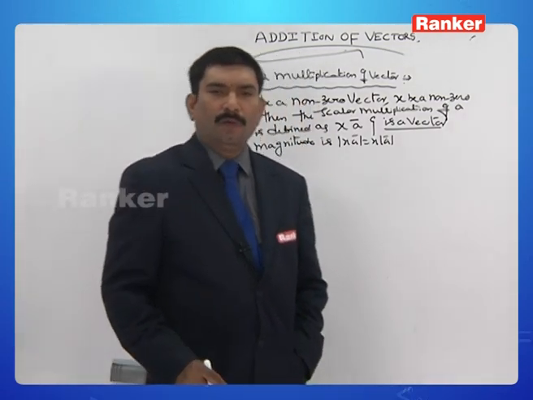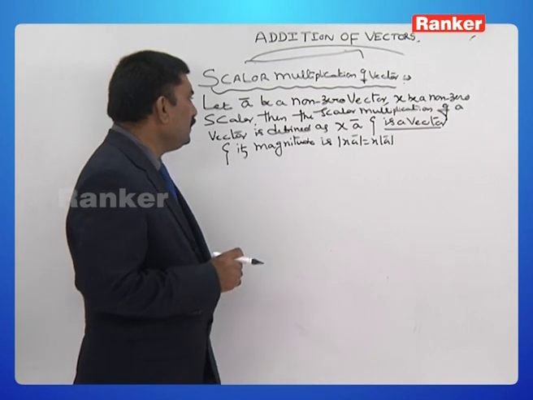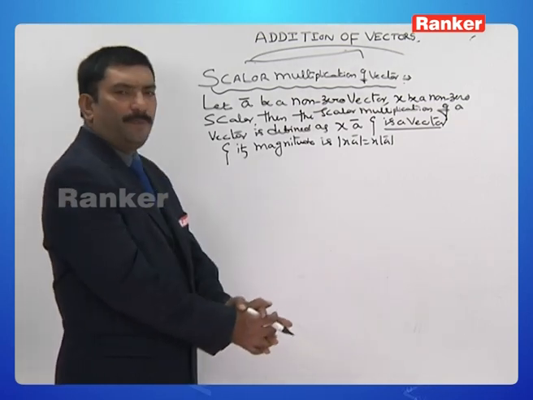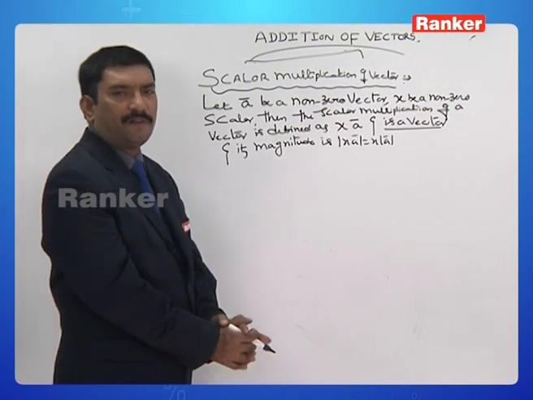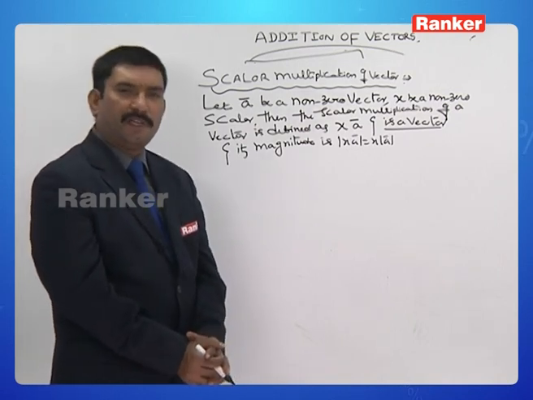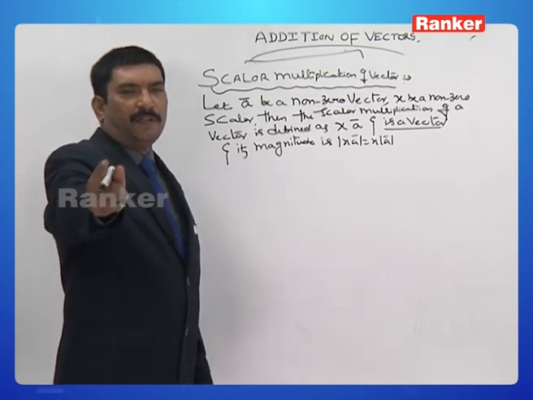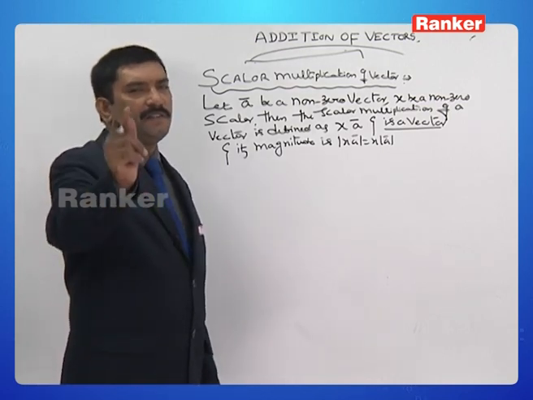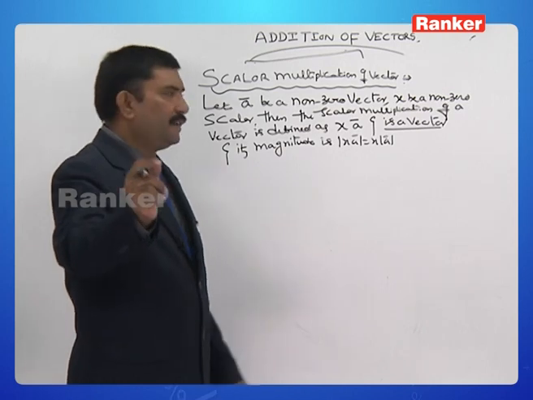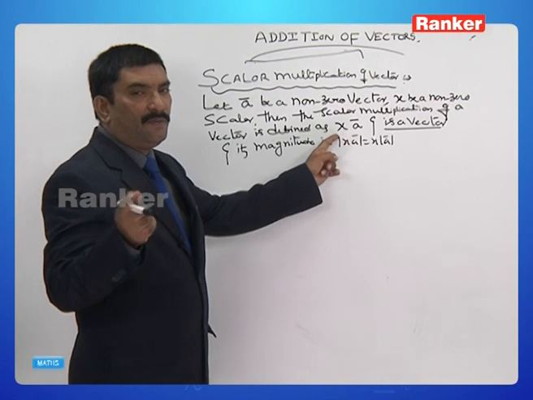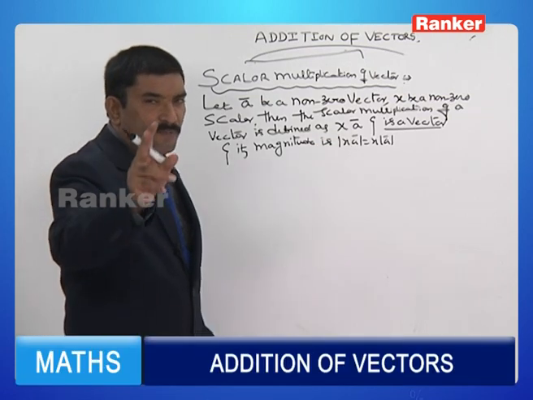Yes. What is the definition? The scalar multiplication of a vector. Let a bar be a non-zero vector, x be a non-zero scalar. Then the scalar multiplication of a vector is defined as xa bar. When you multiply any vector with a non-zero scalar, it is once again a vector quantity.